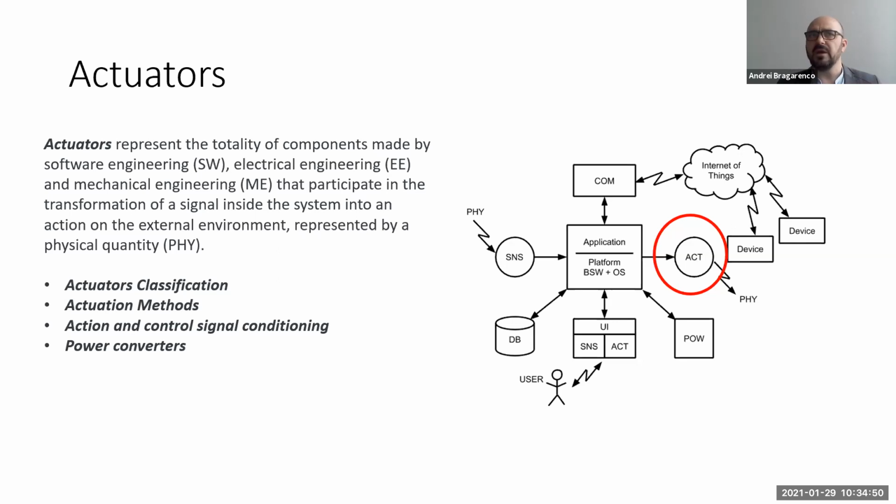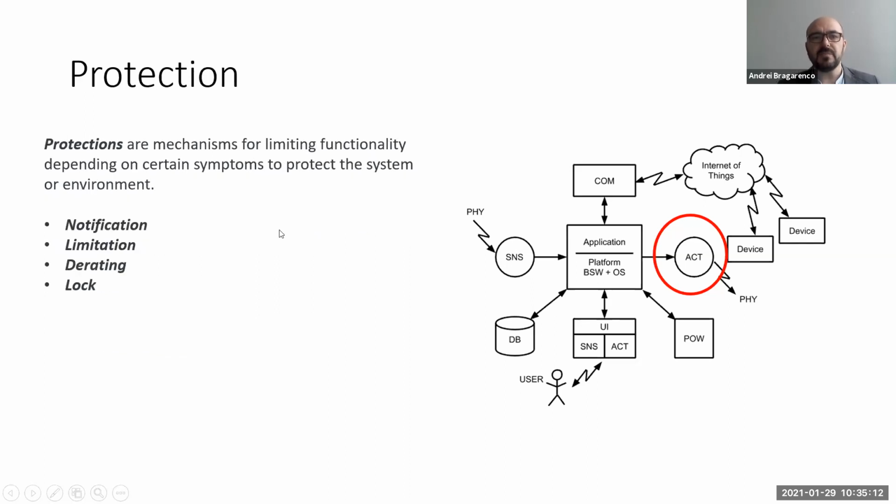In software, we don't have physical power. The physical power we can get from the power source or power supply, and information from the application just controls this power supply in order to have the specific action. That means we'll go through the power converter.